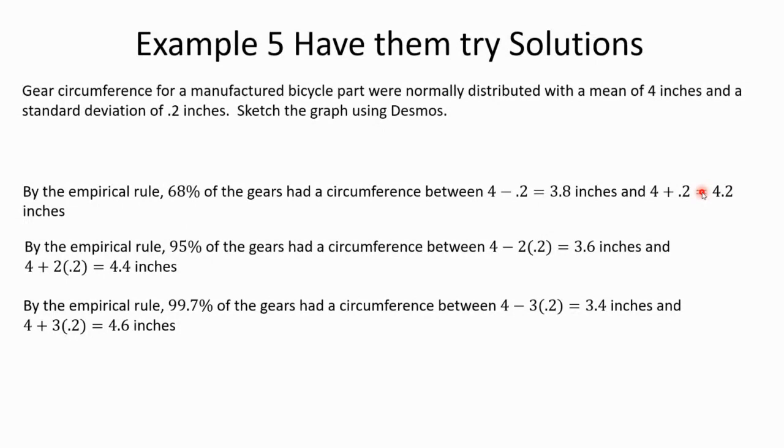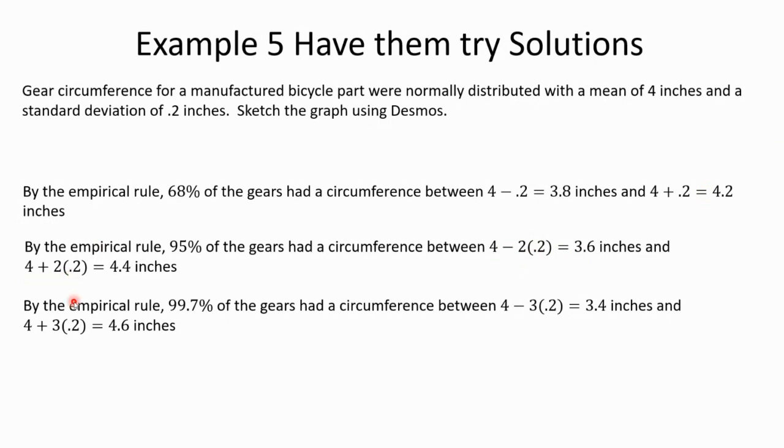Now, 95% of the bicycle parts have gear circumference between 4 minus 2 times 0.2, which is 3.6 inches, and 4 plus 2 times the standard deviation.